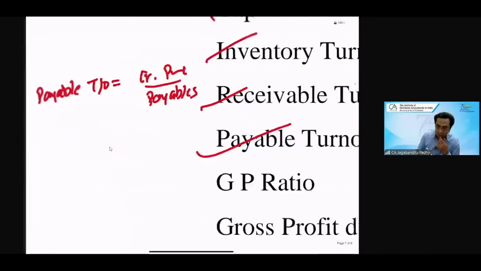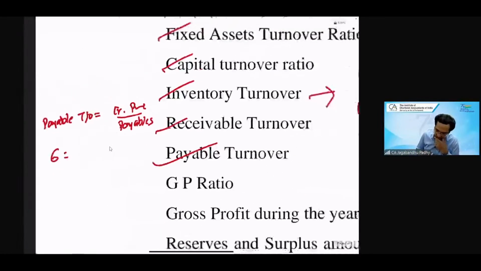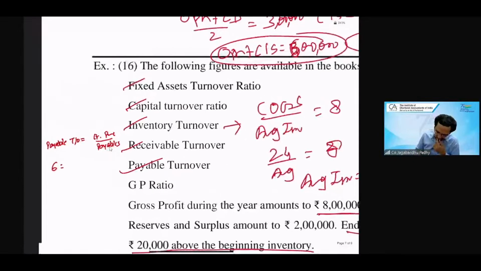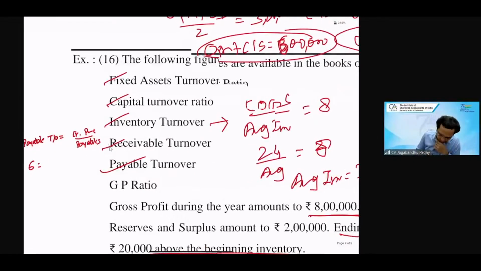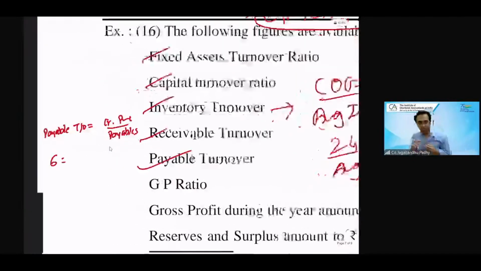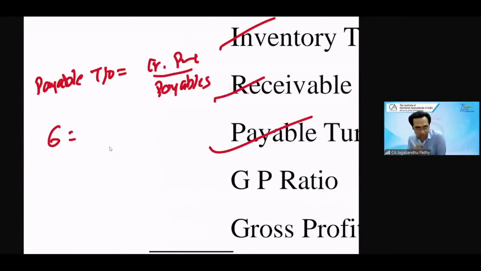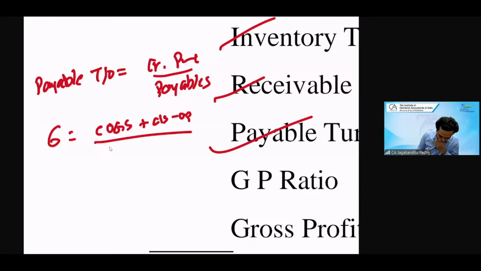How do we get the credit purchases, because purchases have not been given? But we know the COGS and the opening and closing stock, so we can compute the credit purchases: COGS plus closing minus opening, upon payables.